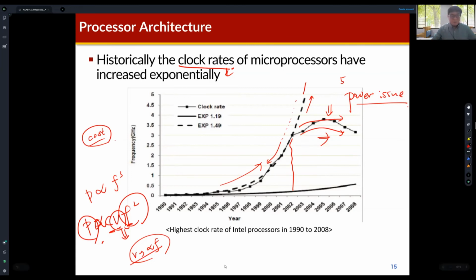If our computer system consumes power comparable to an air conditioner, so it's much higher than the air conditioner, then no one will use our computer system. Okay, so because of the cost issue, like the power consumption issue, the clock frequency is saturated.